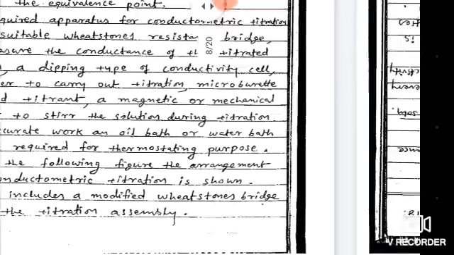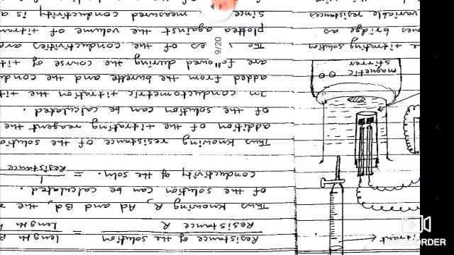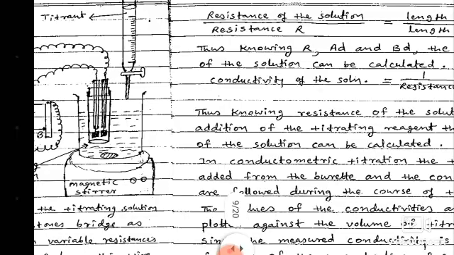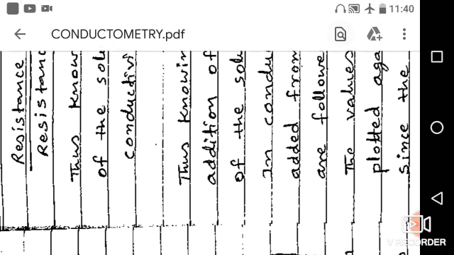So let's see how this conductometer instrument appears. This is the conductometric apparatus. See how this assembly is given.